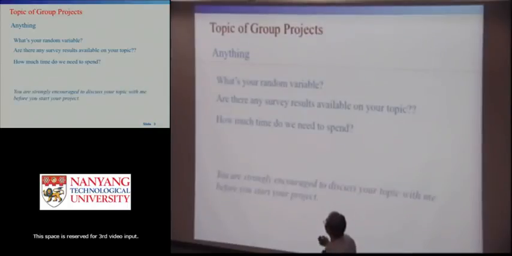And for the topics, basically it could be anything. You need to think about these 3 questions. What's your random variable? You must be clear about your random variable. Are there any survey results available on your topic? If they are available, then you compare your survey result with the available result. If not, you need to divide your survey into 2 groups, then compare the difference between the 2 groups.